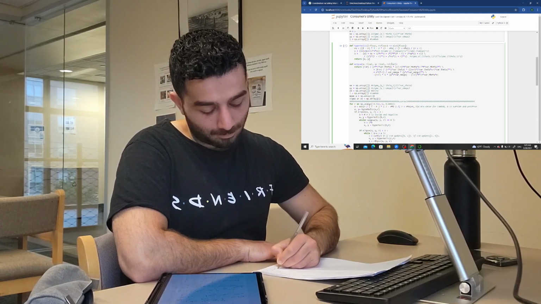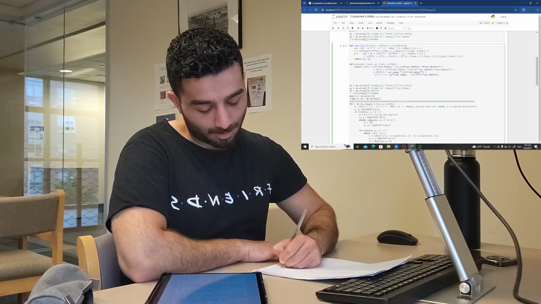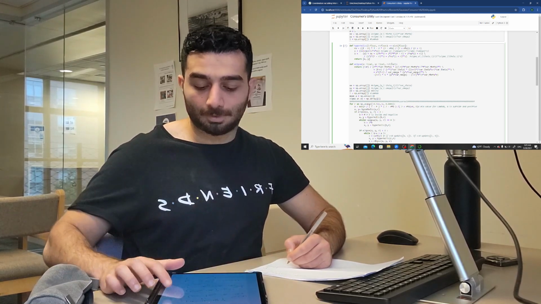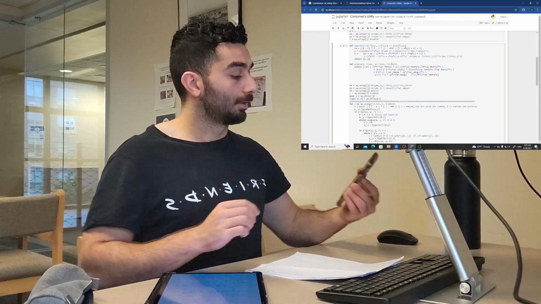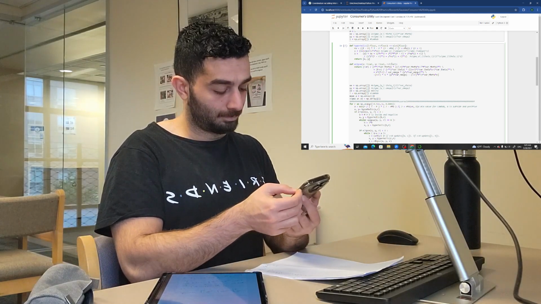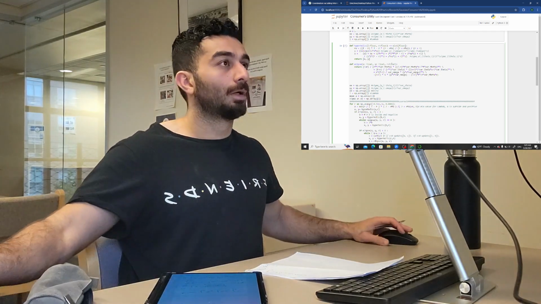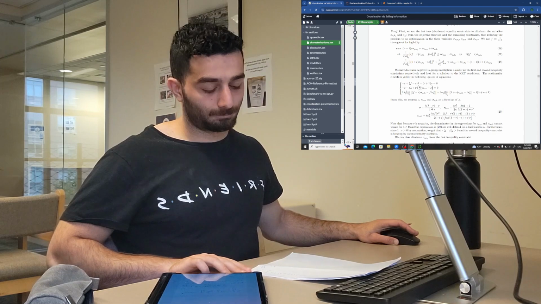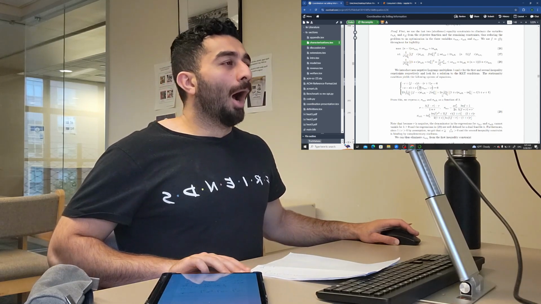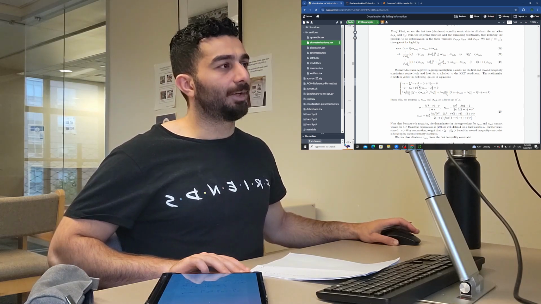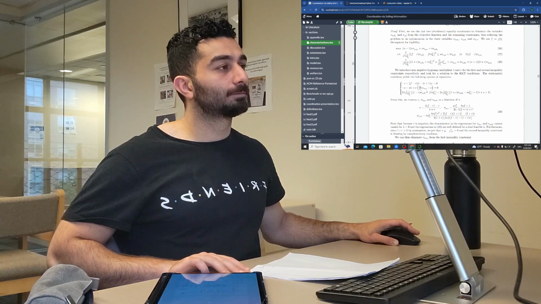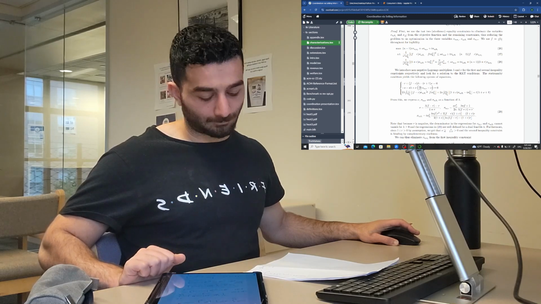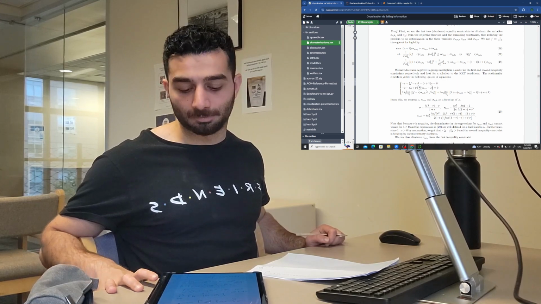Round L round sigma AI theta I eta x plus, okay, I think this one is around sigma I omega.